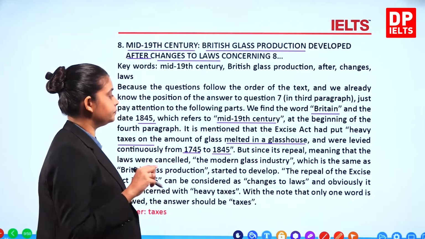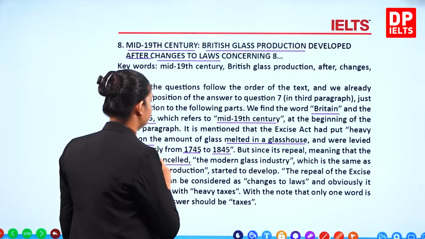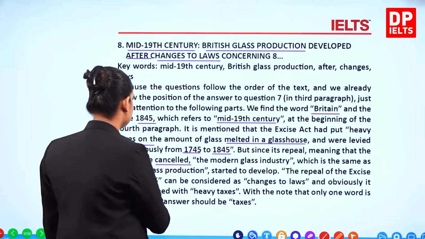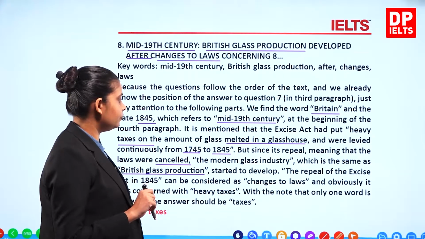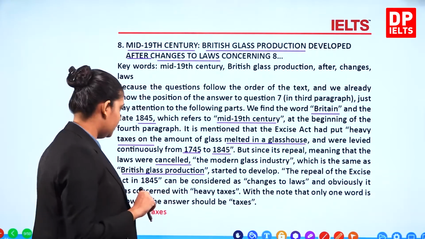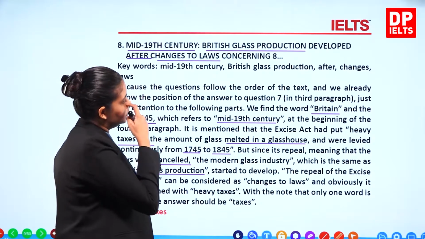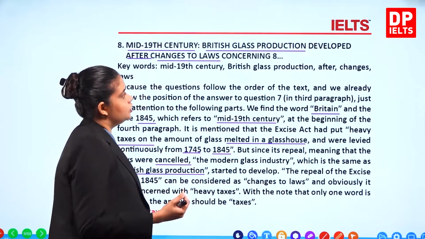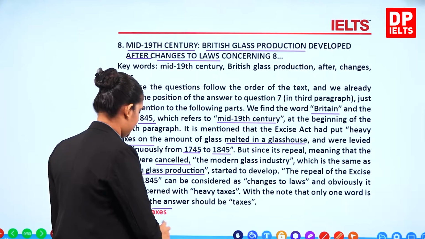But since its repeal, meaning that laws were cancelled, the modern glass industry, which is the same as British glass production, started to develop, right? So when we have a look at these words and the context, we can see that the answer should be taxes, because the changes to laws concerning the taxes, what was really the change in that specific time frame. So the answer should be taxes.